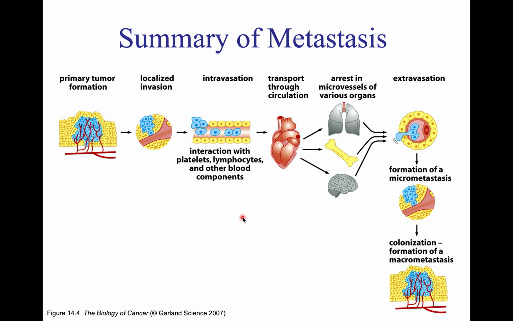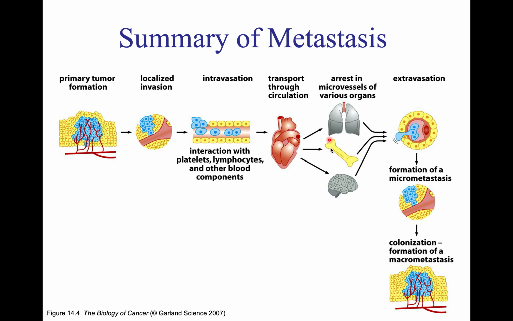So just to summarize what we've gone over so far, we have the formation of our primary tumor, right? Angiogenesis, bringing a vascular blood supply into that tumor, allowing it to start growing more rapidly. We get detachment of the cancer cells, localized invasion, intravasation, which is the entrance into the bloodstream, spread through the circulatory system, right?